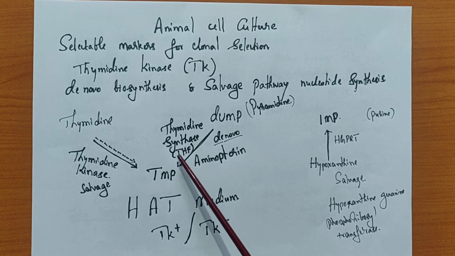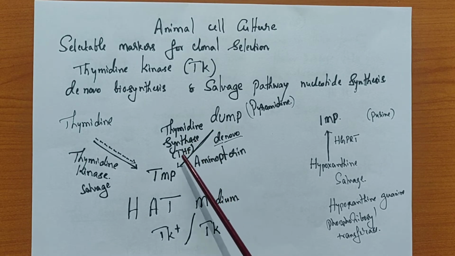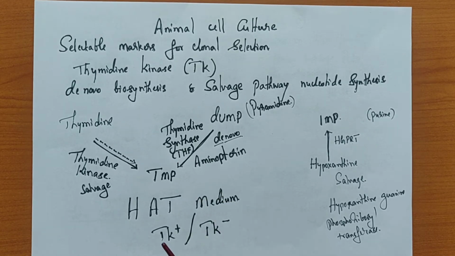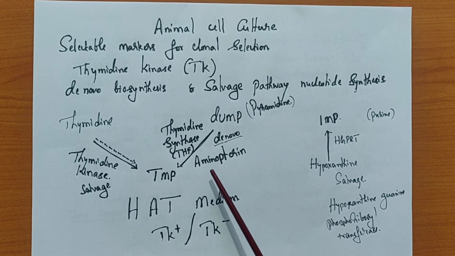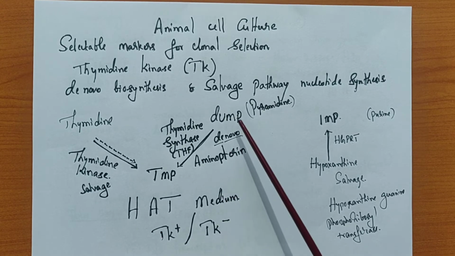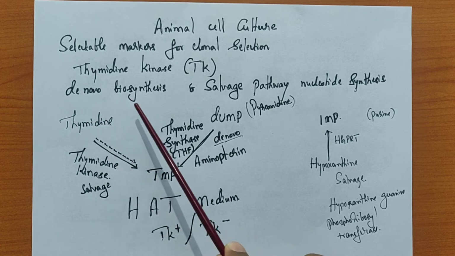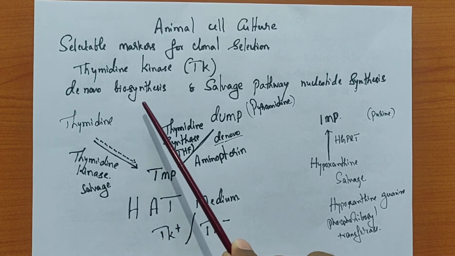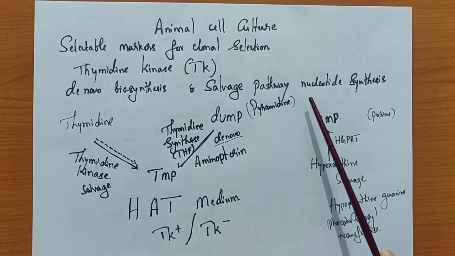Now we can block this tetrahydrofolic acid using an analog of tetrahydrofolic acid, which is aminopterin. Suppose you take a cell and add aminopterin, then what happens? The synthesis of nucleic acid is going to be completely blocked. So de novo synthesis is going to be blocked. In the absence of de novo synthesis, the cell will switch over to what we call the salvage pathway.